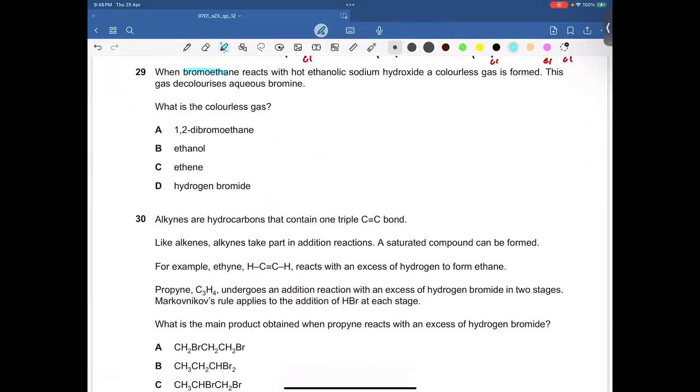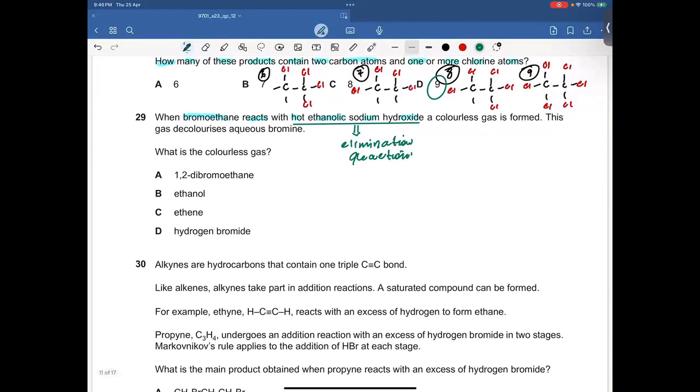When bromoethane reacts with hot ethanolic NaOH, hot ethanolic NaOH indicates an elimination reaction takes place. And you know that bromoethane is basically an alkyl halide with 2 carbon atoms.